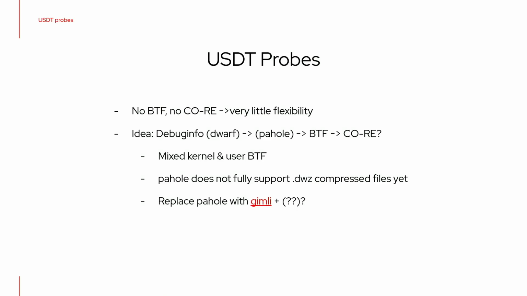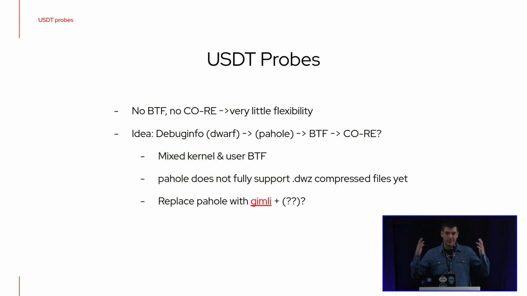We have done some experiments, and they look kind of promising, but there's still a lot of work here. Of course, we don't want to rely on the pahole binary existing in the system, so we could build something inside Retis. Yeah, still a lot of things to think about.